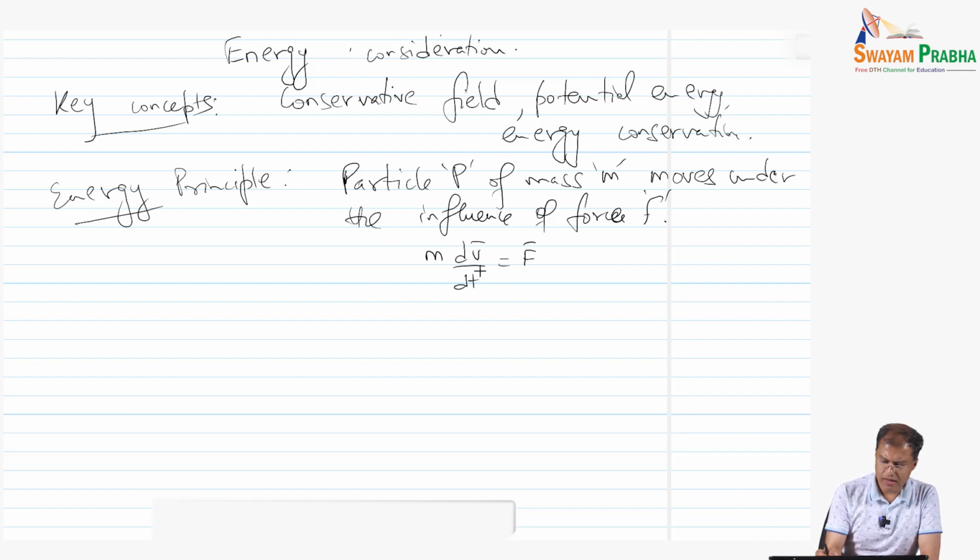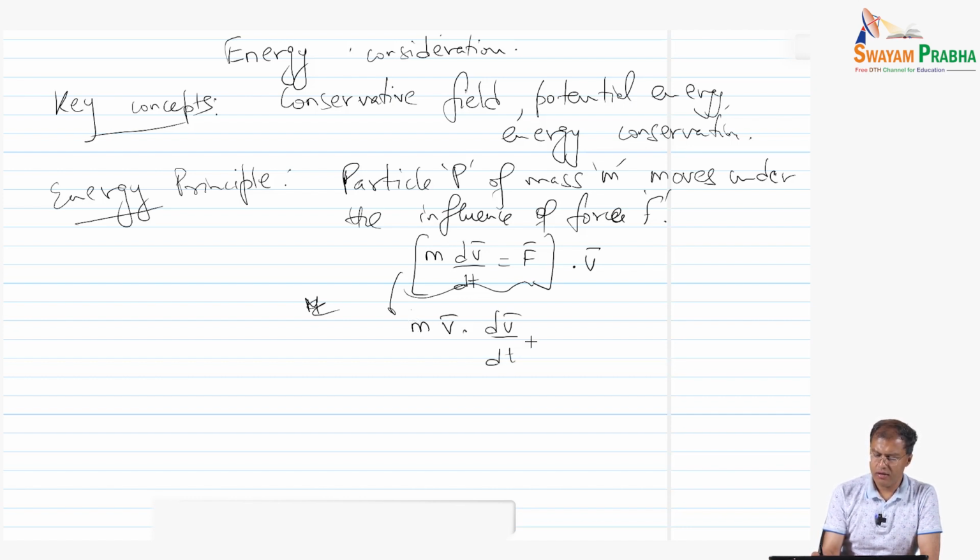We can rewrite this equation of motion by taking a dot product with respect to v. We see the equation changes as follows. This is m v dot dv/dt, which is equal to F dot v. And now notice that I can integrate the left hand side.